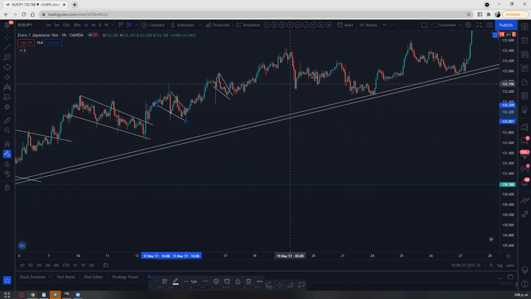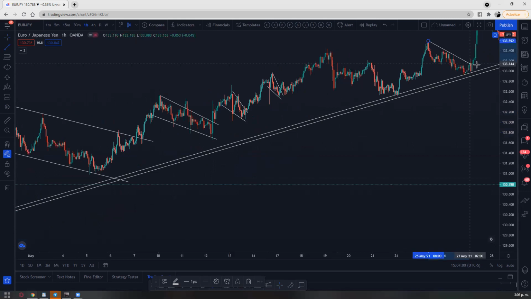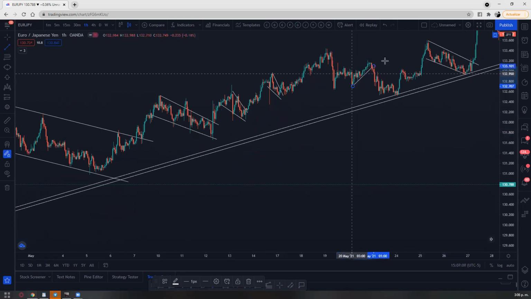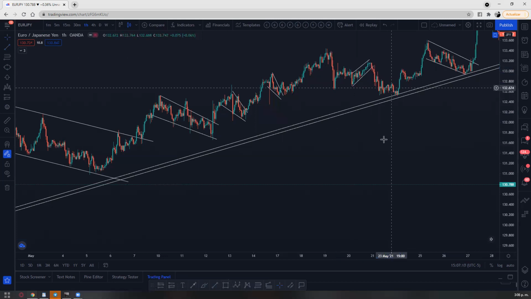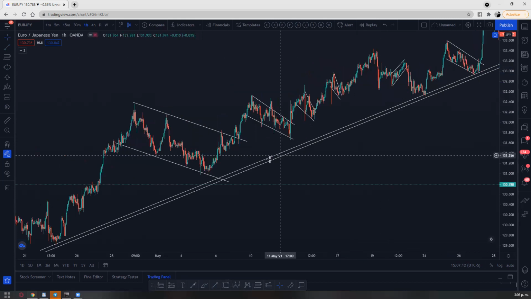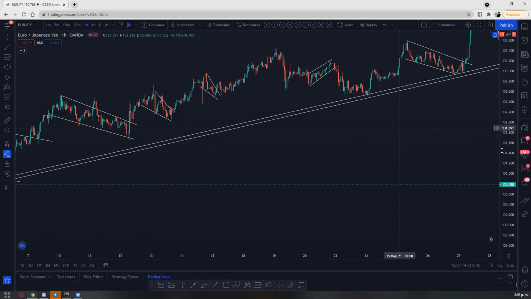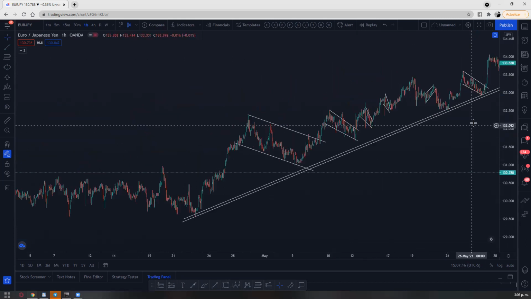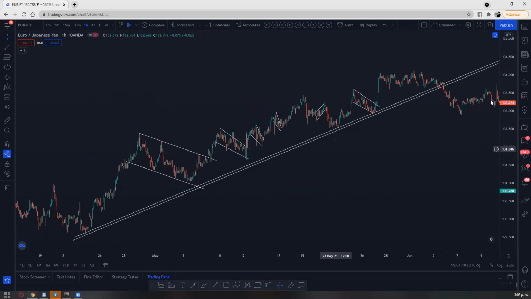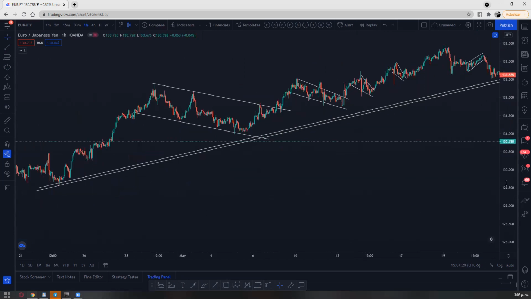This one dropped immediately. This is a beautiful pattern right here. You will be seeing that this is an inverted flag, a different flag, a bearish one. And I'm basing my entries on the breakout. So that's basically what I do.